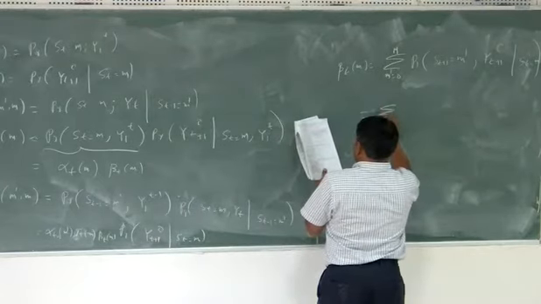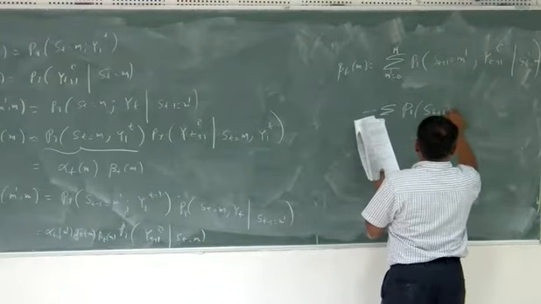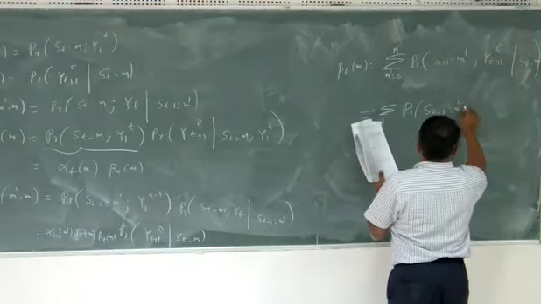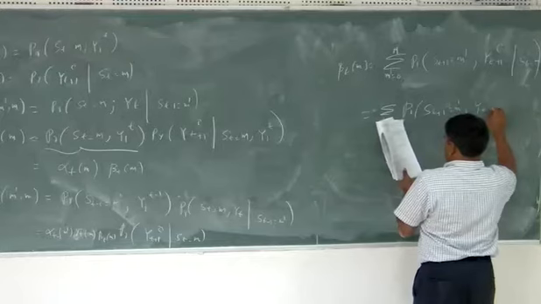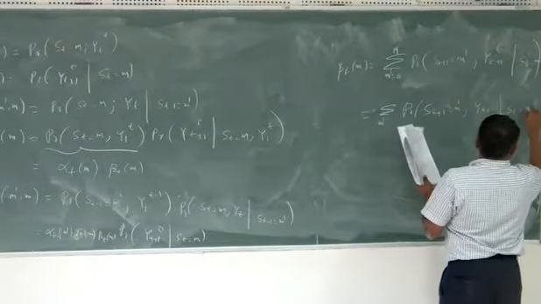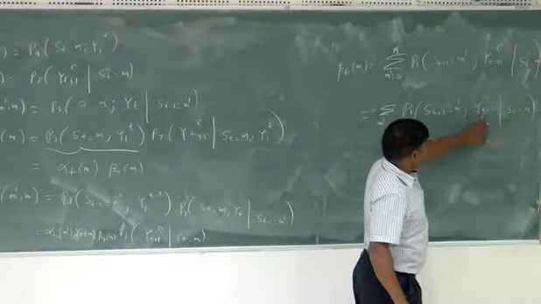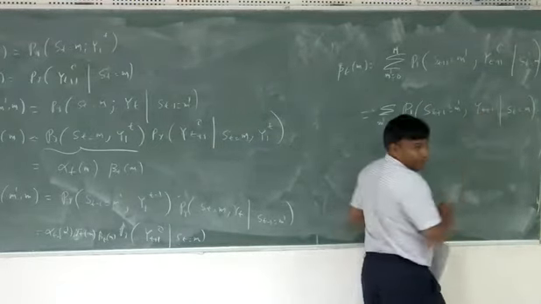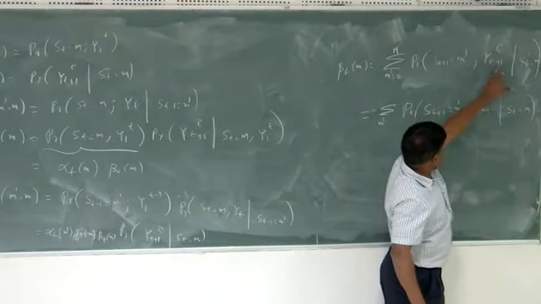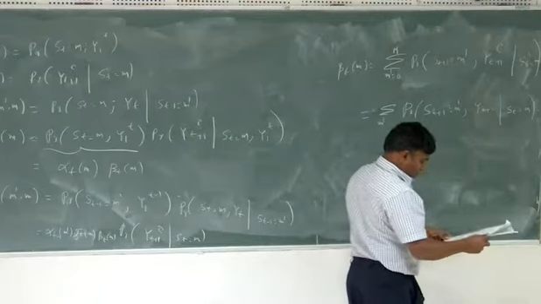Equal to, we only take the sample at s t plus 1 and the rest is y t plus 2 to tau.